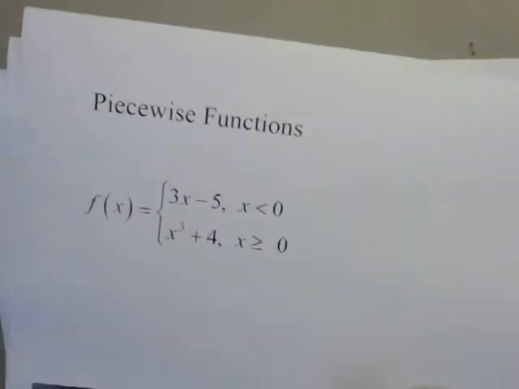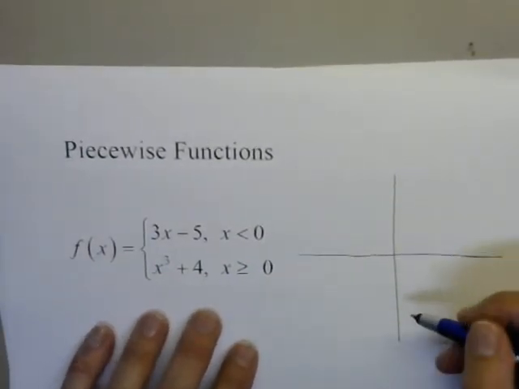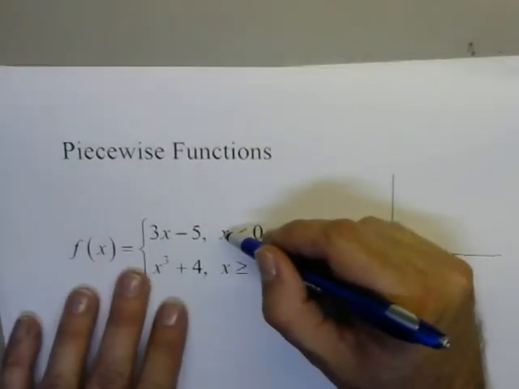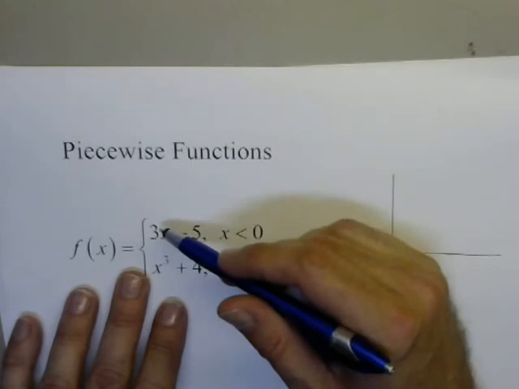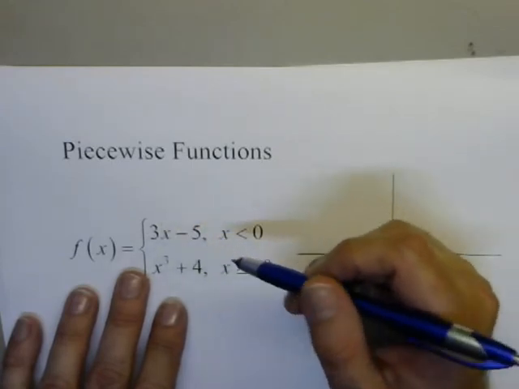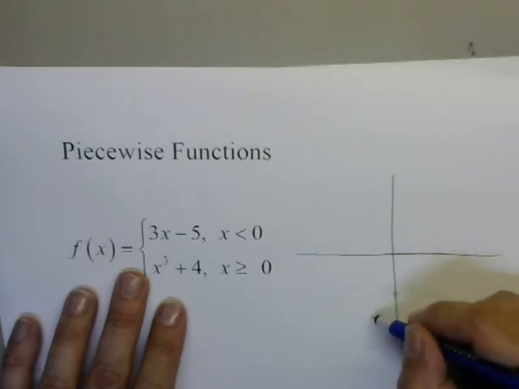Remember, for something like this, you could have a function that's defined in different parts of the domain. So for example, when x is less than 0, this would just be the equation 3x minus 5, which would be a straight line that goes through -5 on the y-axis and has a slope of 3.